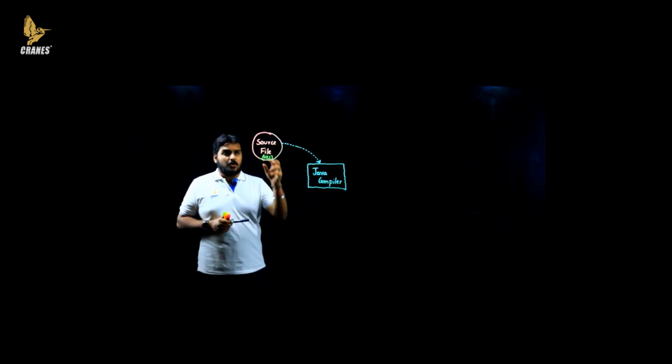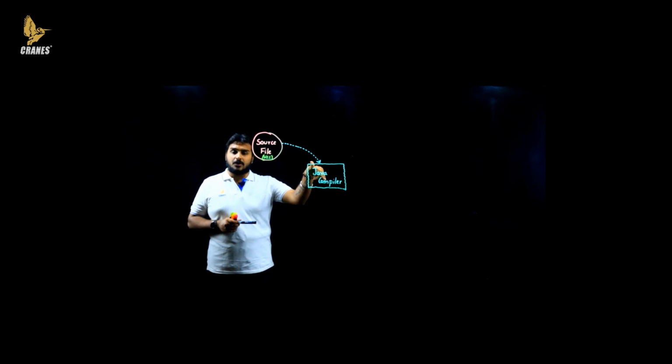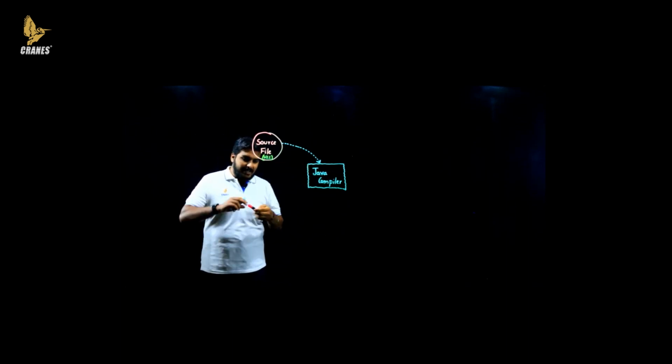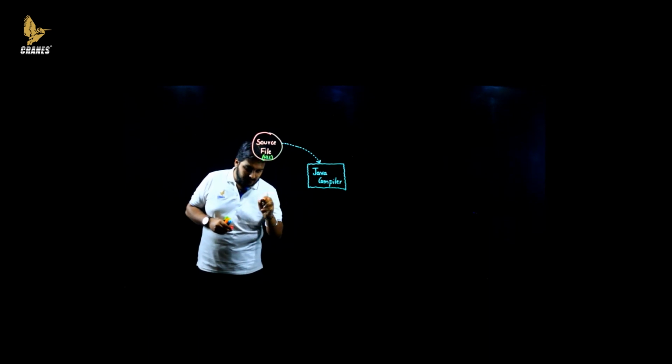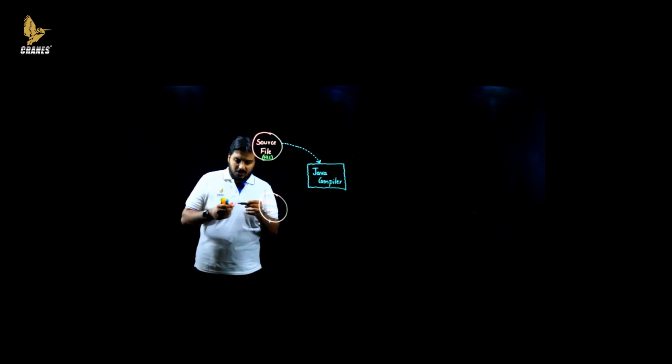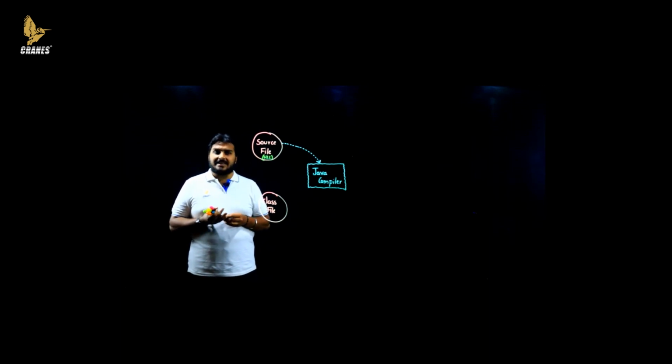You already know, if I take a source file as an input, what file will I get as an output? Correct. I will get one more file here. The name of this file is the class file. So the class file contains code in which level language?